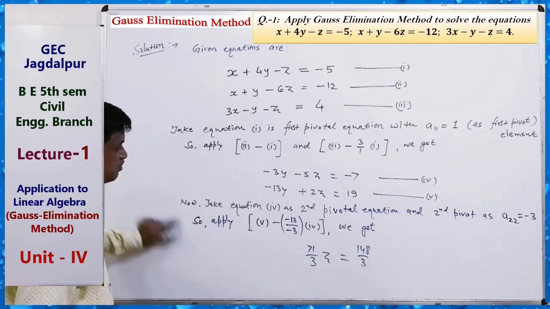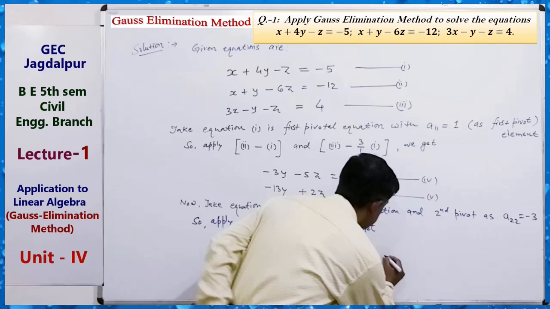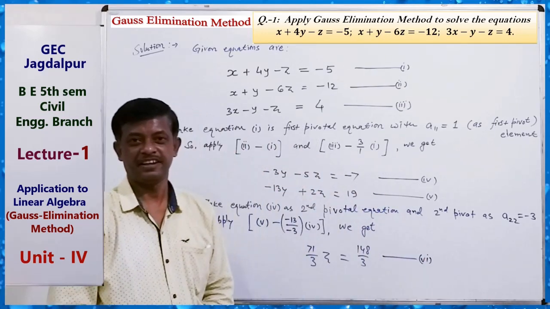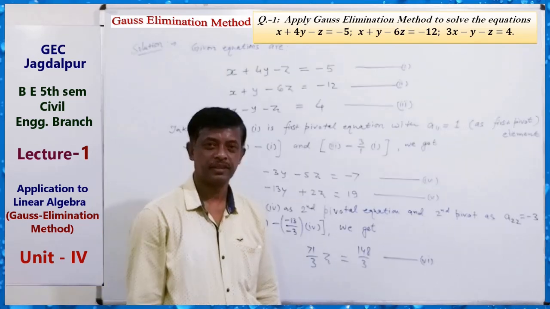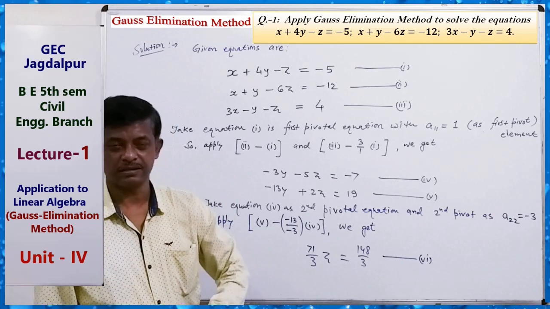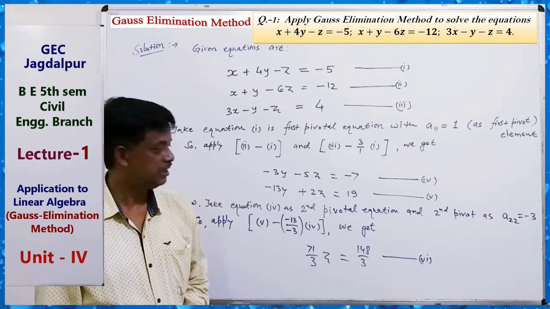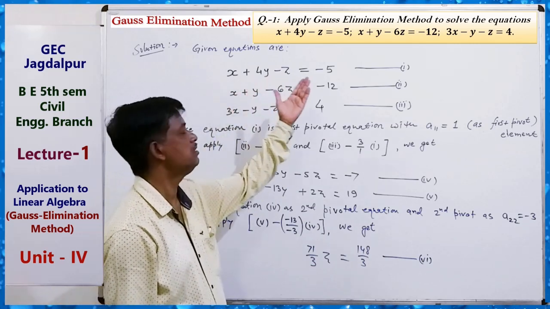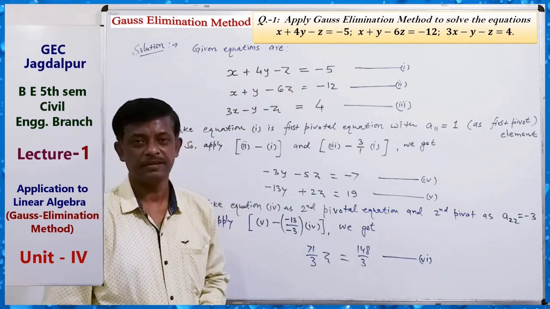This is by step. Now this is equation 6. Now we see that in the last equation there is a single variable. So now we can use the back substitution method and get all the unknowns x, y and z. Clear?